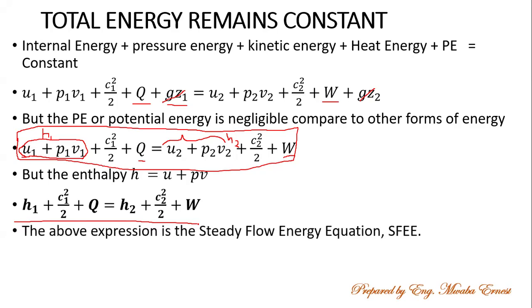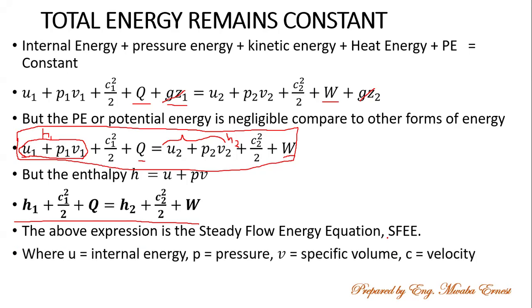So that is our conclusion, saying that this is our steady flow energy equation applied in an open system. This is no longer a closed system because the working substance is now moving at a given velocity with the pressure and the other factors taken care of.